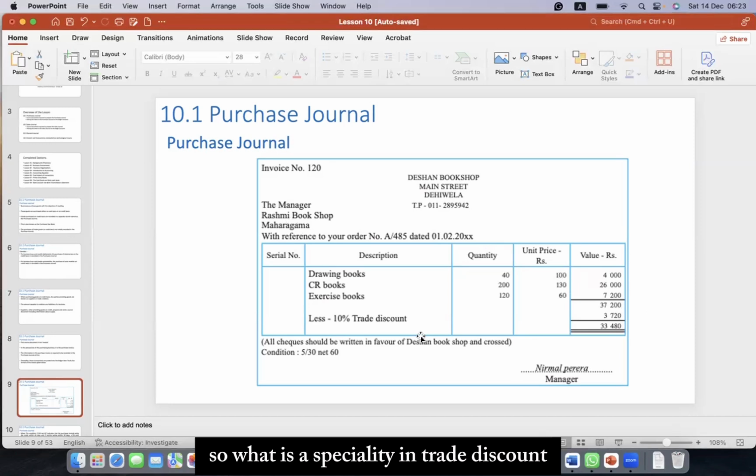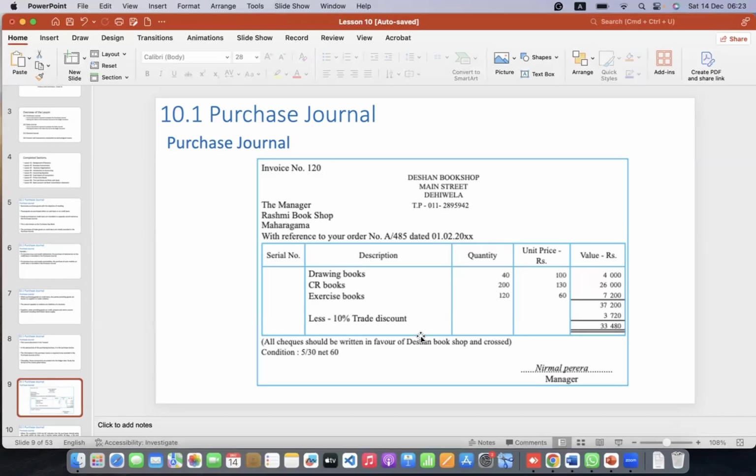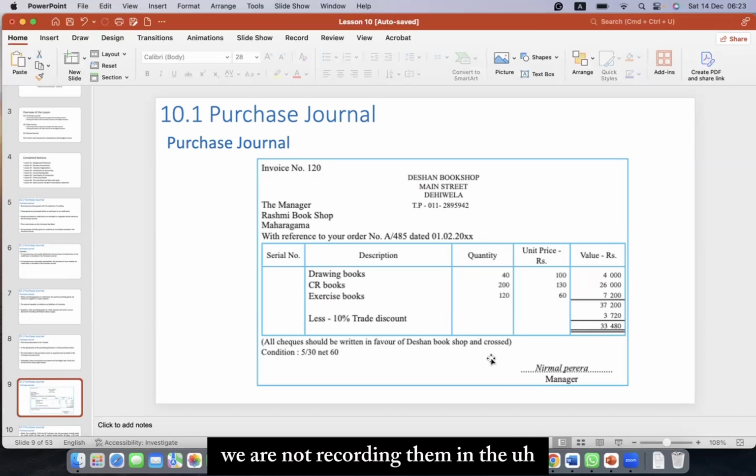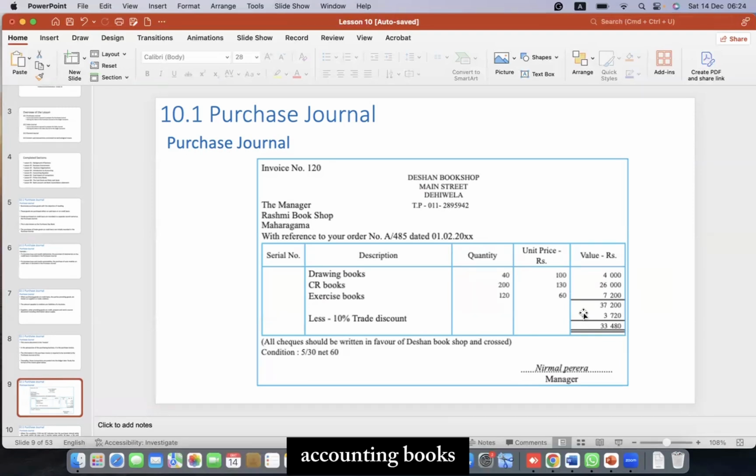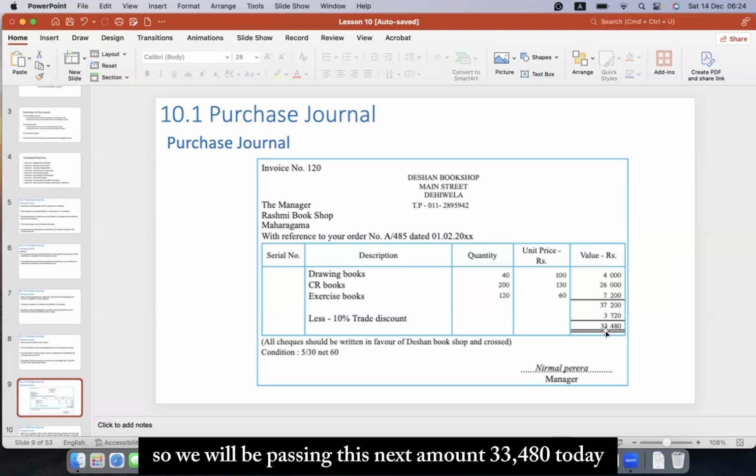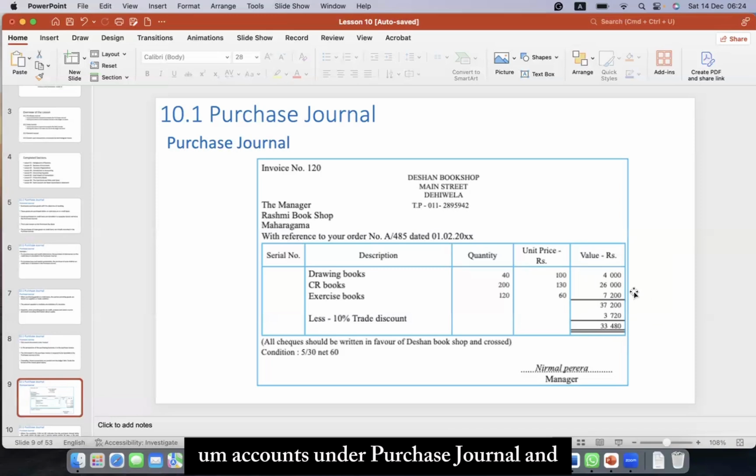What is the specialty of trade discounts? Trade discount is not recorded in our accounting books. So we will be passing this net amount, 33,480, to the accounts and the purchase journal.